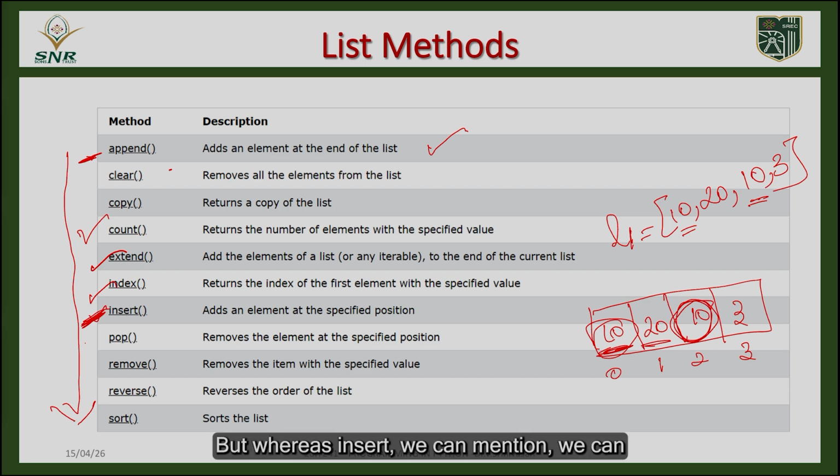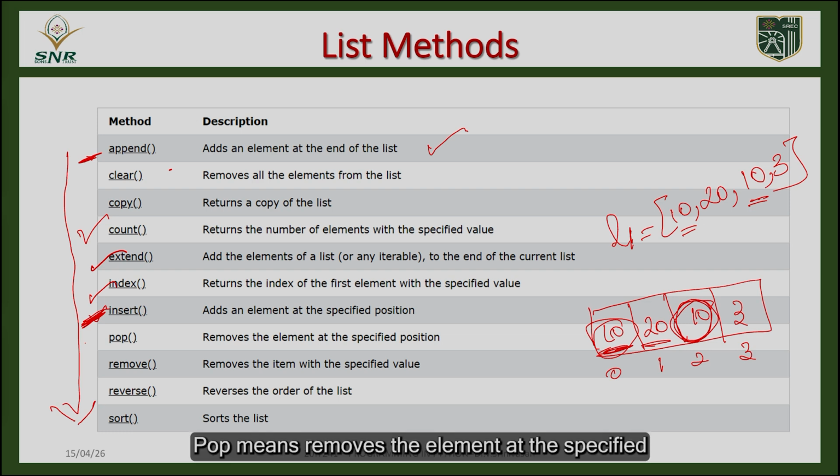Whereas in insert, we can specify the address, that is the index position, and the newly added value will get inserted at that specified index position. This is the difference between insert and append.